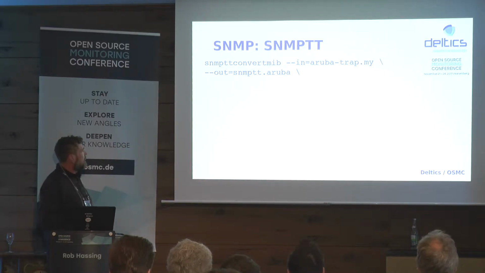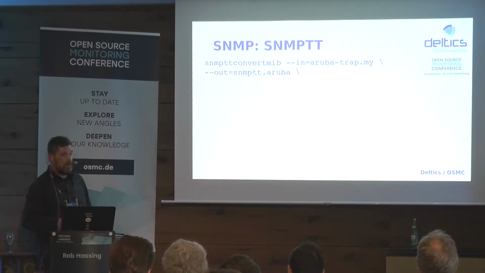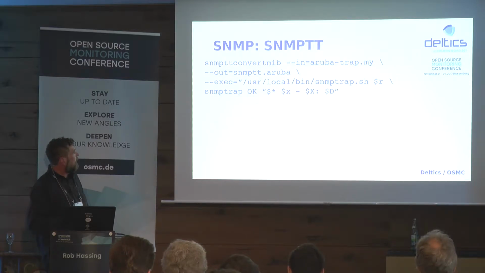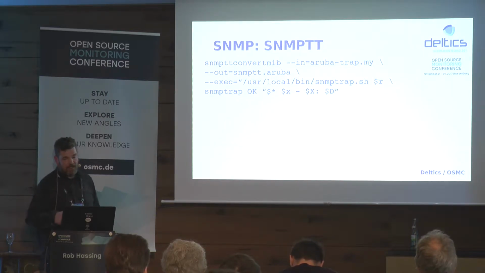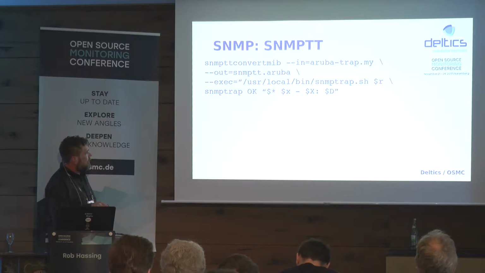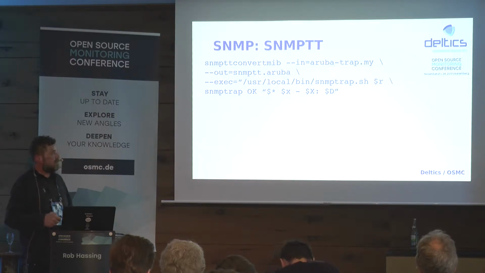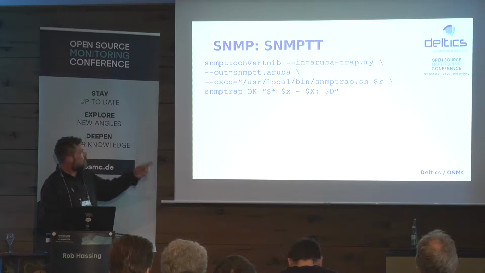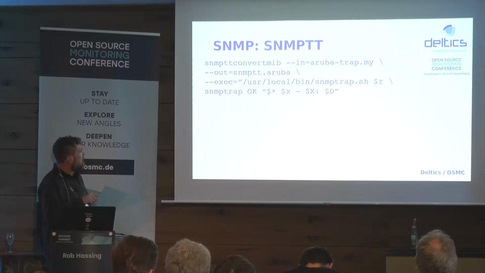And we have an output file we call snmptt.aruba. And we also give an execute with that. I'll send all my information to a shell file, snmptrap.sh. And then a lot of things come behind. The $R is for the host name. So the host name that sends out the trap is put in here by the $R. This is my service description.